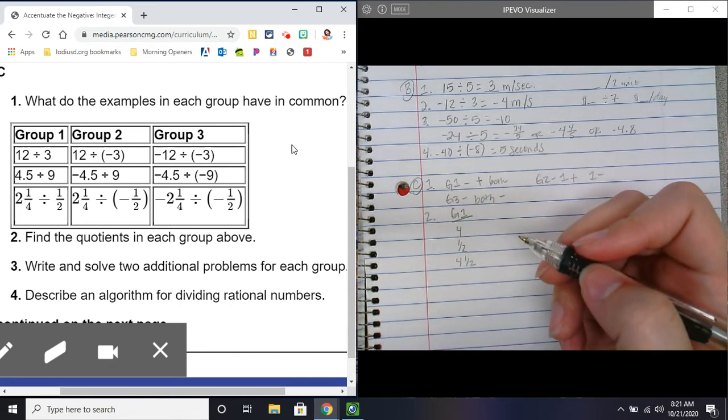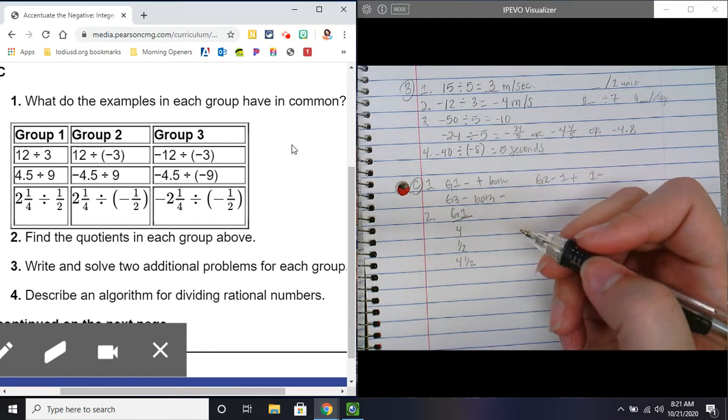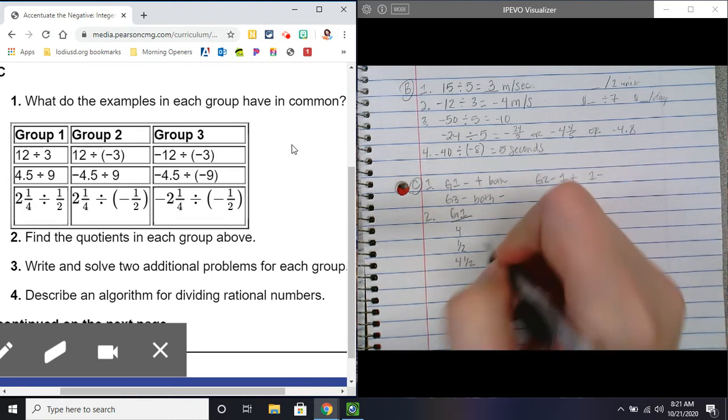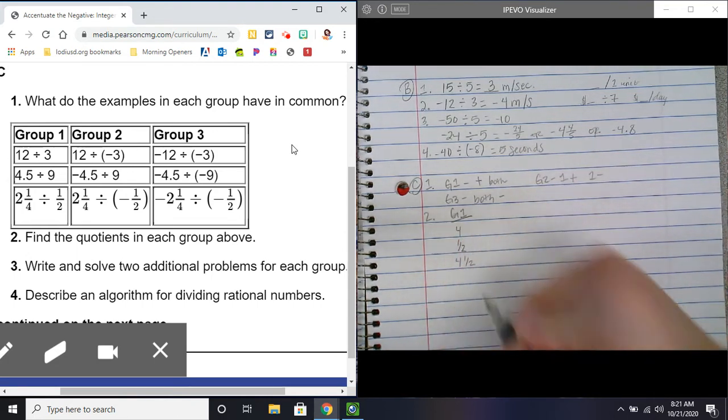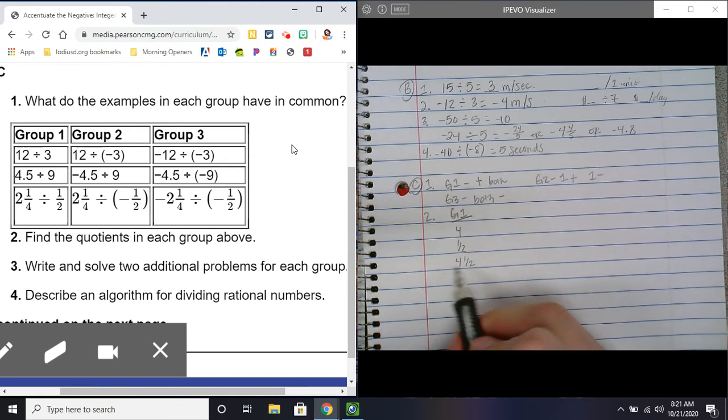I wonder if you guys know how to do that. Maybe I'll show you, just in case. I'll put it down here. So if you don't know how to get this answer, I'll just show you really quick. I'm going to turn that first one, 2 1/4, into an improper fraction. So 4 times 2 is 8, plus 1 is 9.